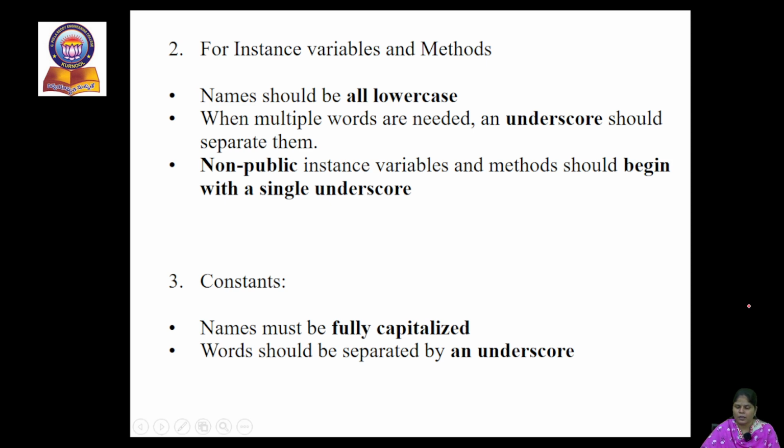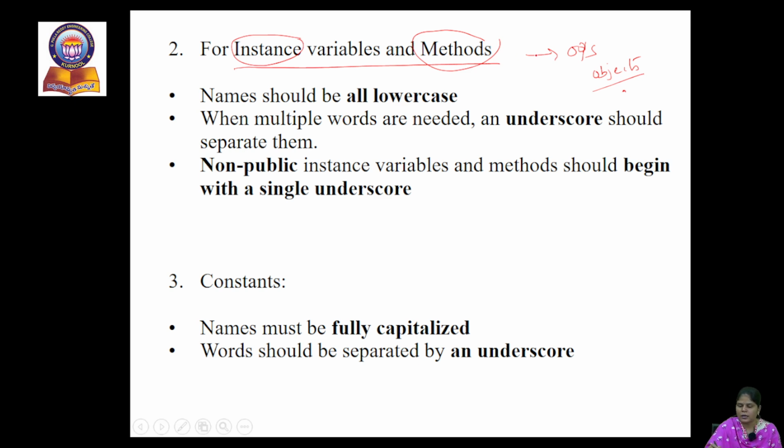For instance variables and methods, these concepts come under the OOPS concepts. Instance variables are the variables that are related to the objects, and the methods will work with objects, along with the object and dot operator.